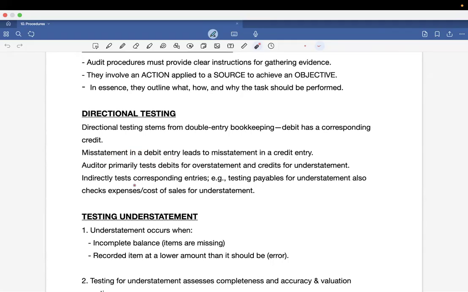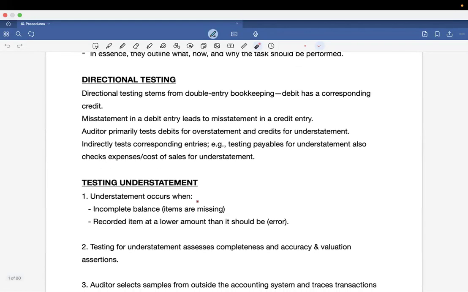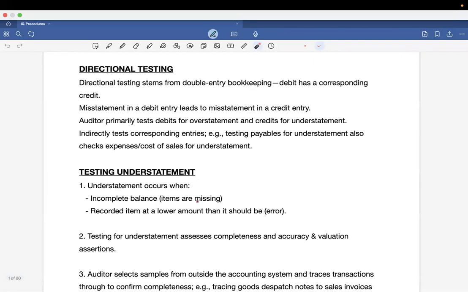So if the problem is with the trade payables for understatement, then we are going to check for the related expenses and the cost of sales also, because probably these two would also have been recorded less than what was actual. Clear?